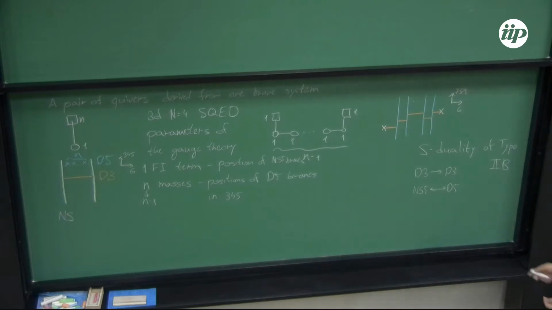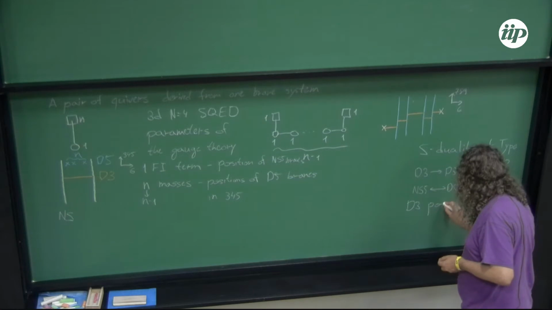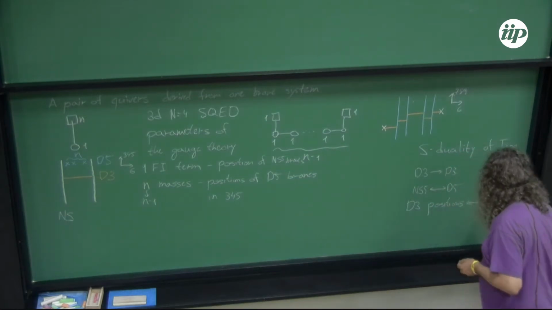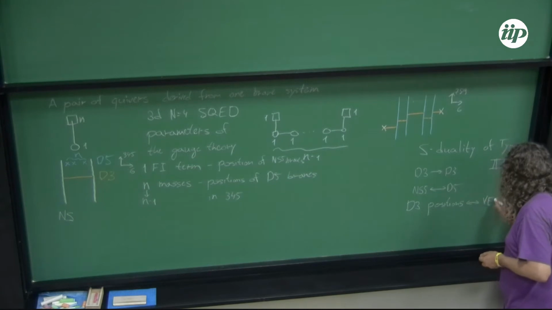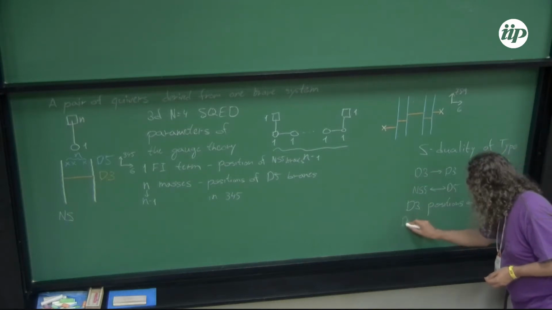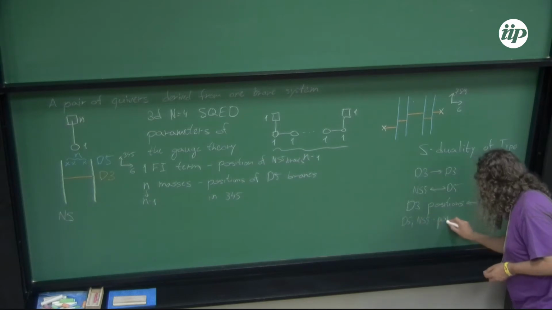So let me put here that the 3 brane positions are vacuum expectation values of scalar fields, whereas D5 and Neveu-Schwarz 5 are parameters.